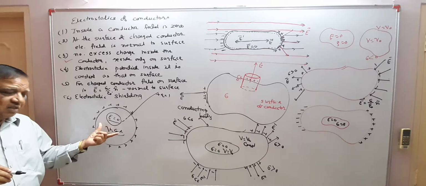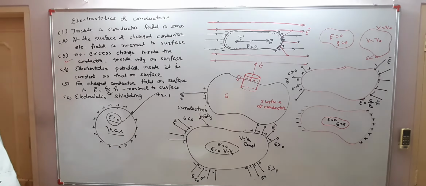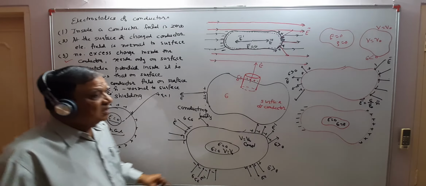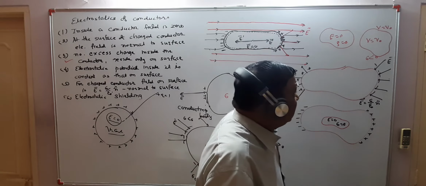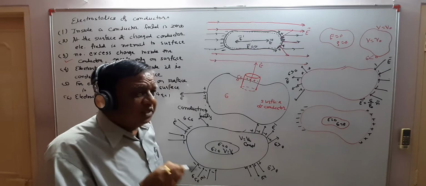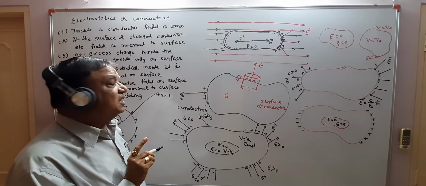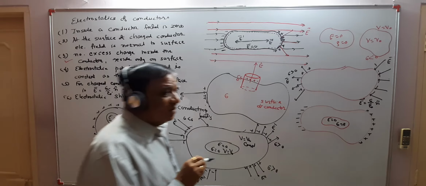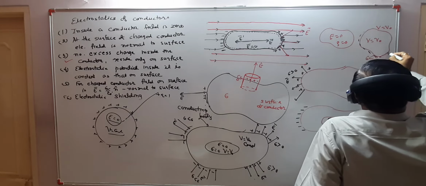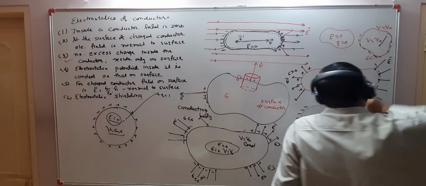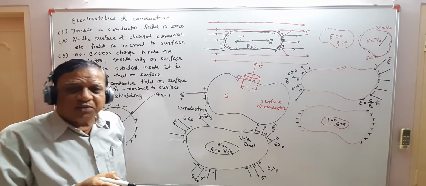Similarly, applying this concept to any conductor, we can say there is no electric field inside the conductor. Then the potential at the surface is constant, and inside it is also constant, equal to the potential on the surface.